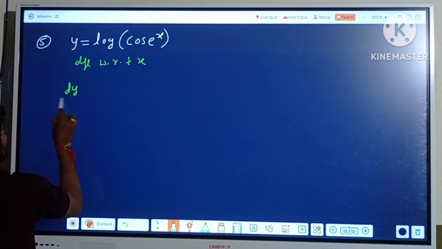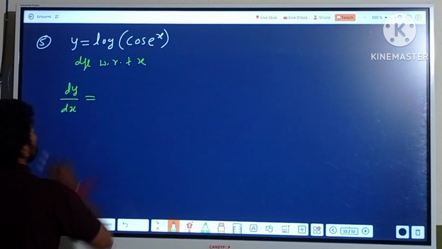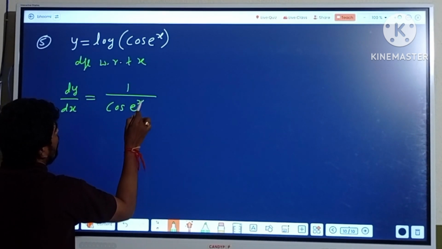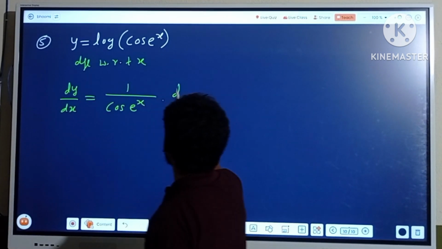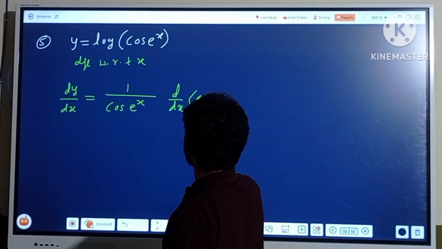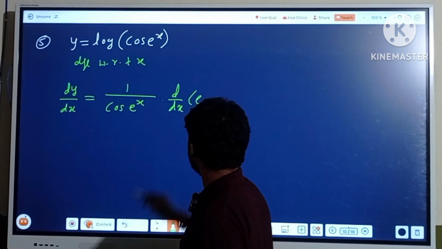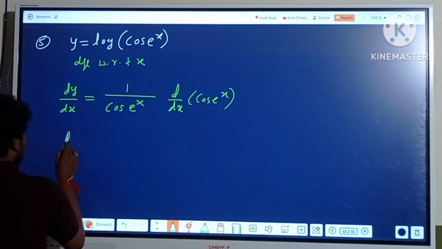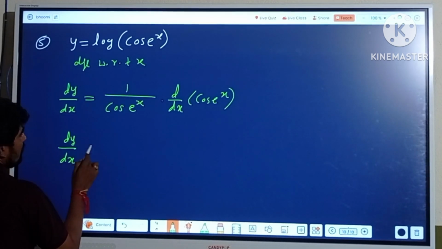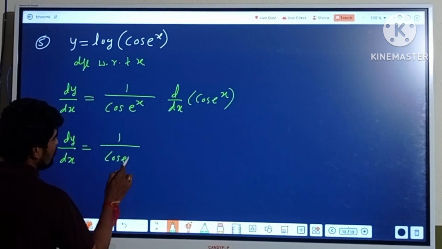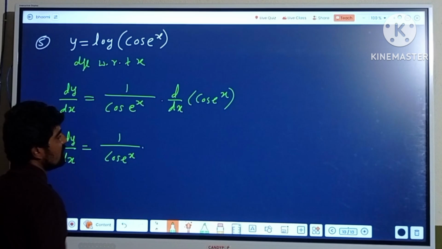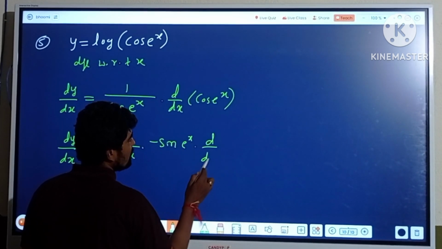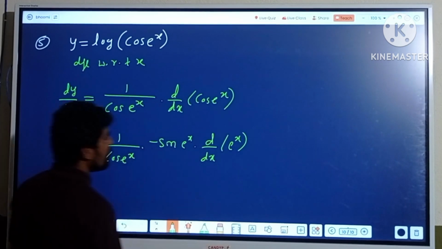So therefore, dy by dx is equal to derivative of log of something is 1 divided by something, into derivative of something, where something is cos e power x. So therefore, dy by dx is equal to 1 divided by cos e power x into derivative of cos of something, which is minus sine of something into derivative of something, here something is e power x.